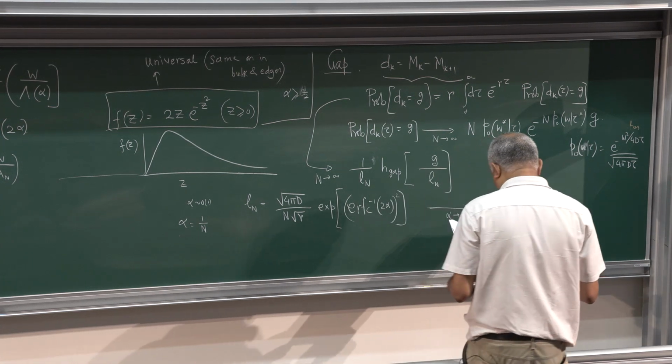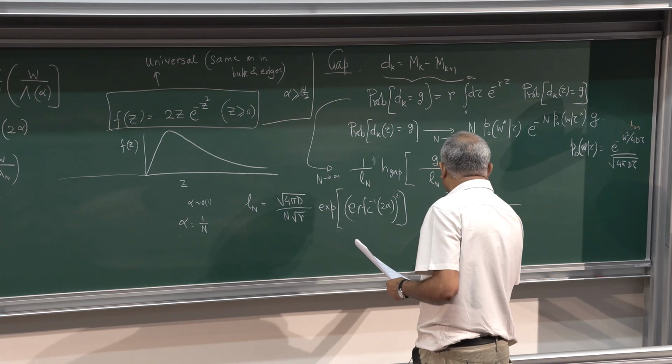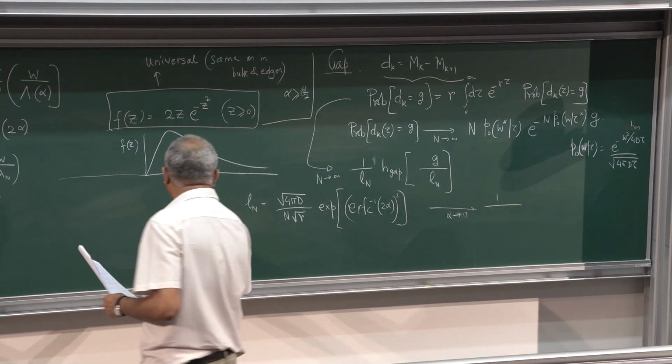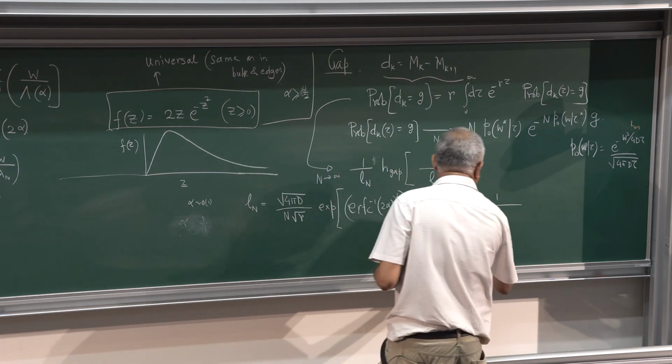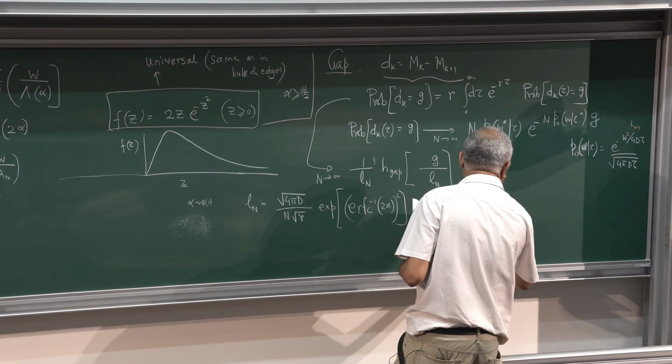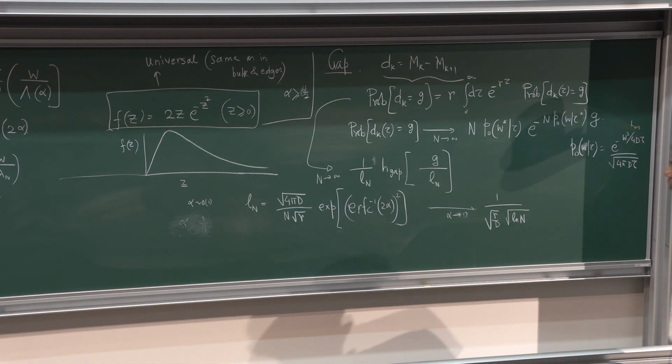And when alpha goes to 0, up to some number, it goes like 1 over square root of log n.